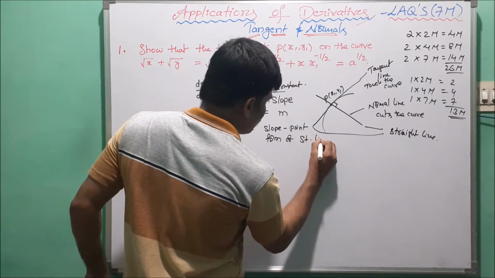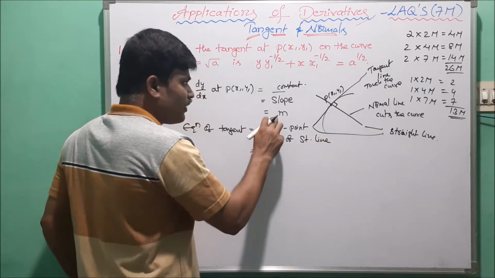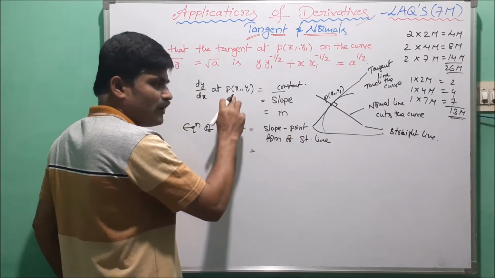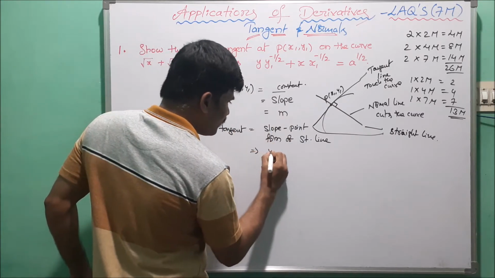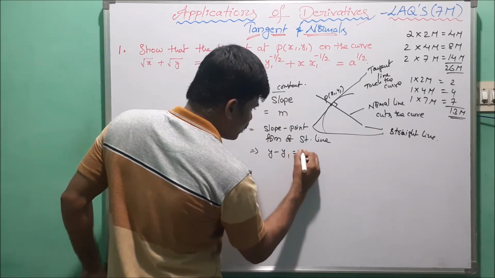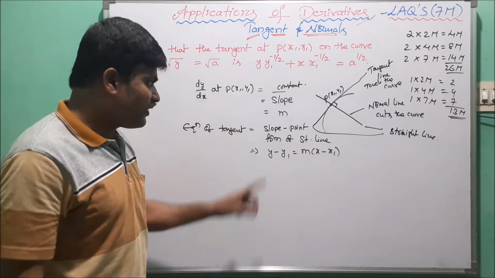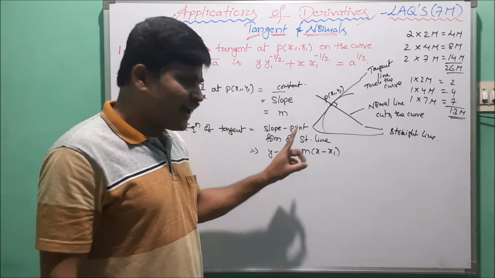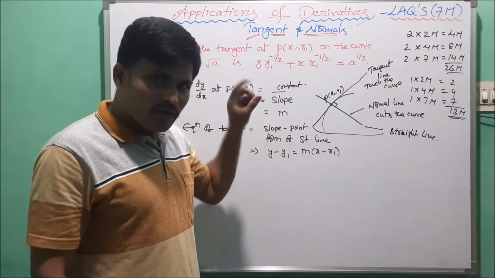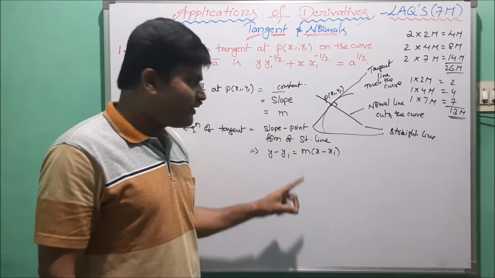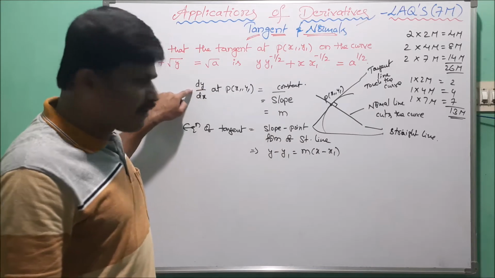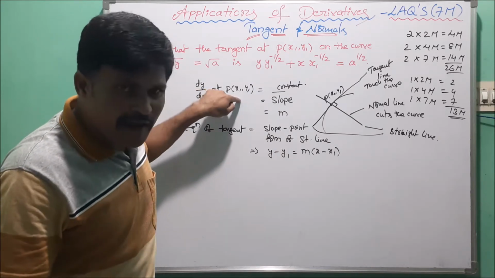We take the slope m and the point P of x1, y1. Now we write y minus y1 equals m into x minus x1. This is called the equation of tangent. Here m equals dy by dx at the point P of x1, y1.